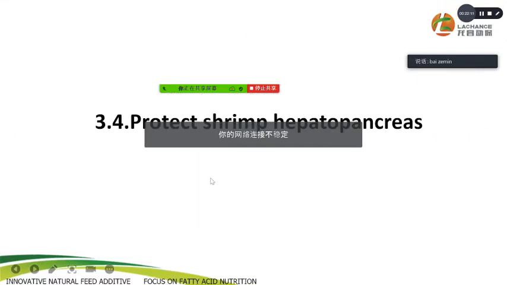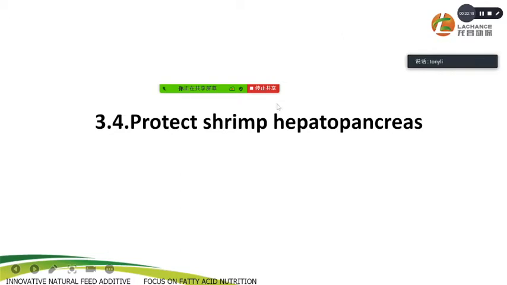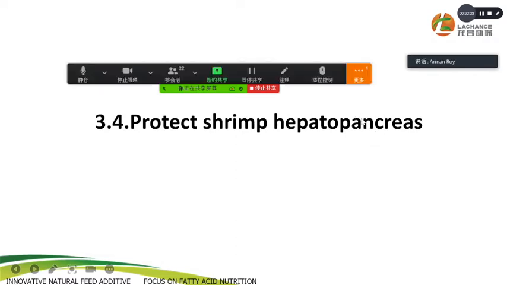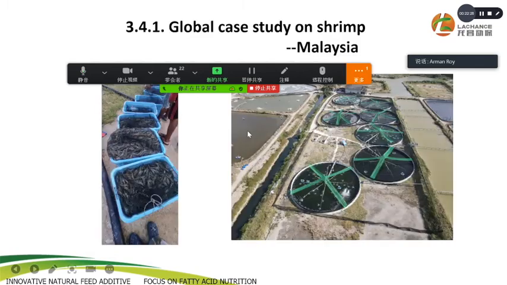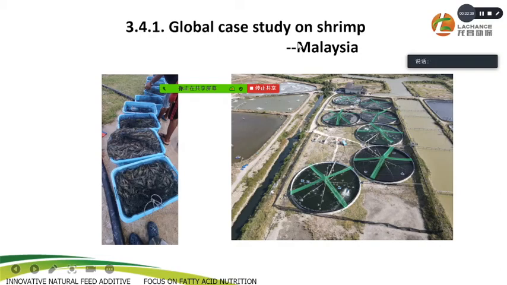Okay. So the following will be protecting shrimp hepatopancreas, because the hepatopancreas for shrimp is very, very important for nutrient storage, digestion, and many functions. And I also would like to share some global cases, because now we export to 45 countries, from Europe, from Latin America, South Asia, actually the whole Asia.